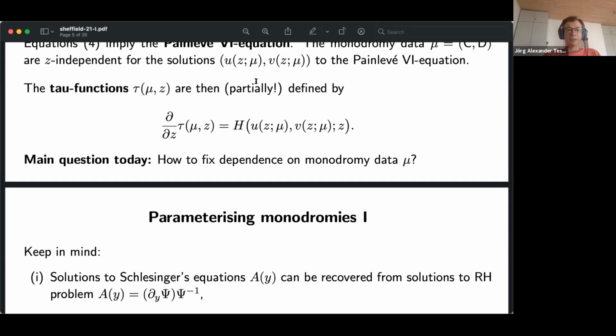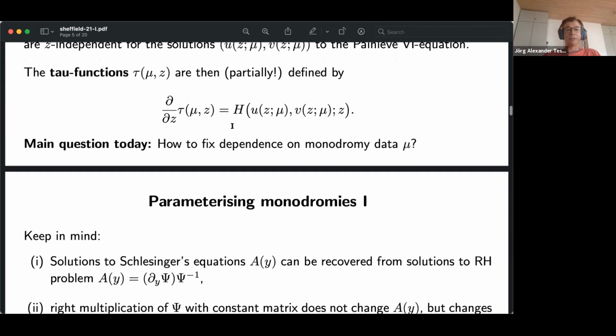So we can take our solution u of z and v of z of the Painlevé 6 equation, and then by integrating this equation with respect to z, define the tau function, which is by its definition a function of z and of the monodromy data, because on the right-hand side I can pick different solutions distinguished by different monodromy data to evaluate the Hamiltonian.